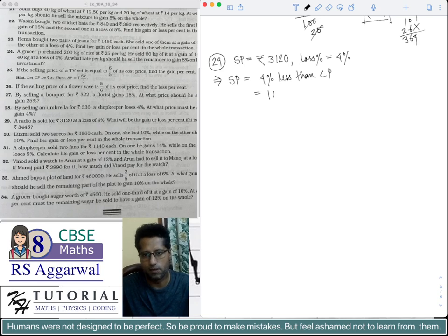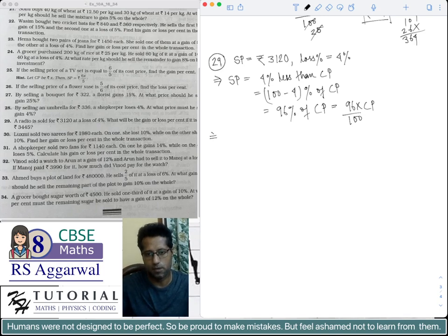This is equal to 100 minus 4% of cost price. This is equal to 96% of cost price, which is 96 by 100 multiplied by CP. So this implies SP we know is 3120. 3120 is equal to 96 by 100 multiplied by CP. So from here we will get CP, that is the cost price, is equal to 3120 multiplied by 100 divided by 96.